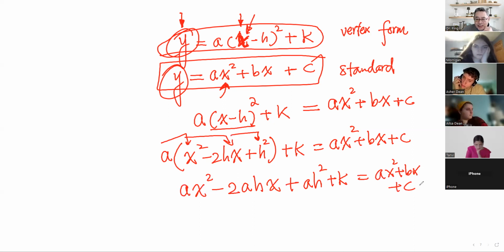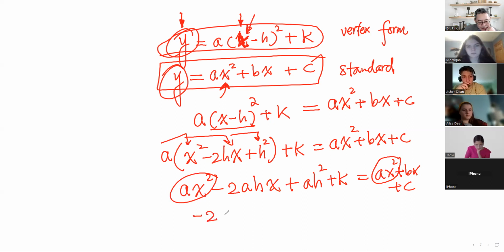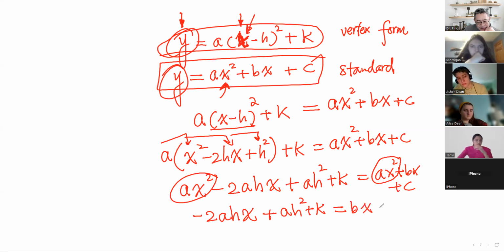So now you can see that this term and that term are the same, so we can cancel. So it ends up with negative 2ahx plus ah squared plus k. This side is bx plus c.